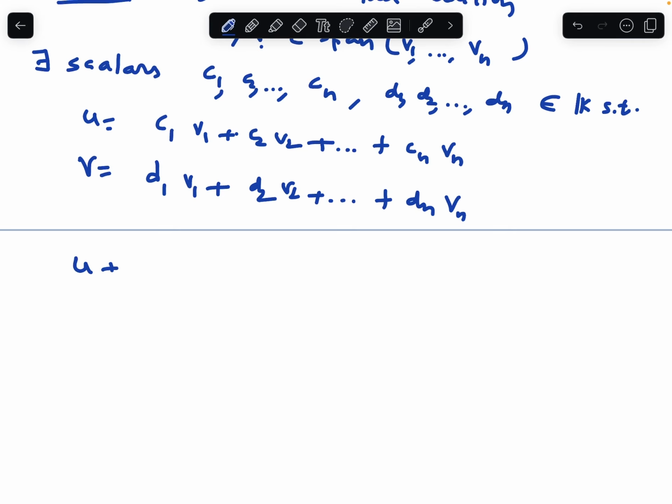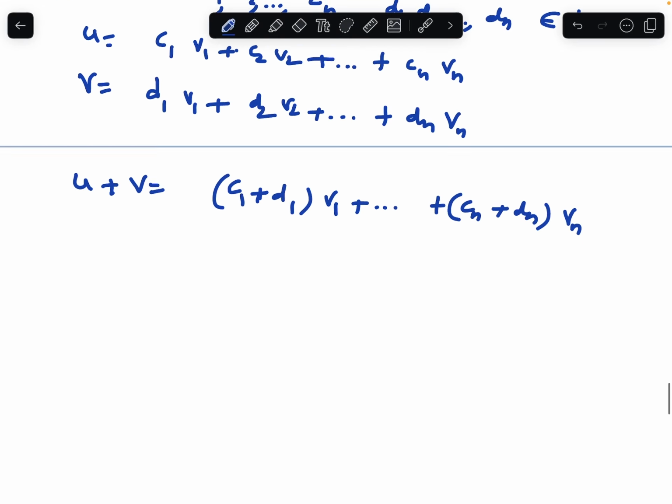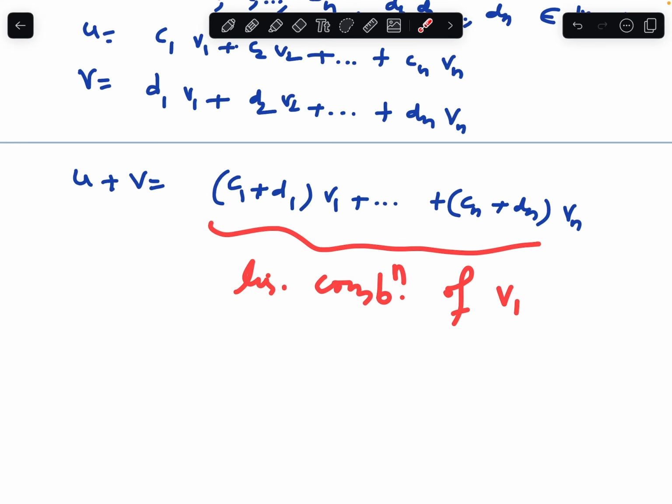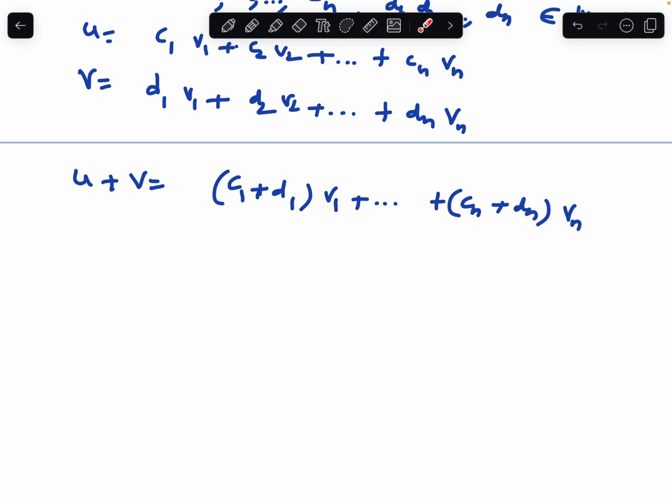So what is U plus V? U plus V is C1 plus D1 times V1, up to Cn plus Dn times Vn. But what is this? This is again a linear combination of V1, V2, Vn, right?